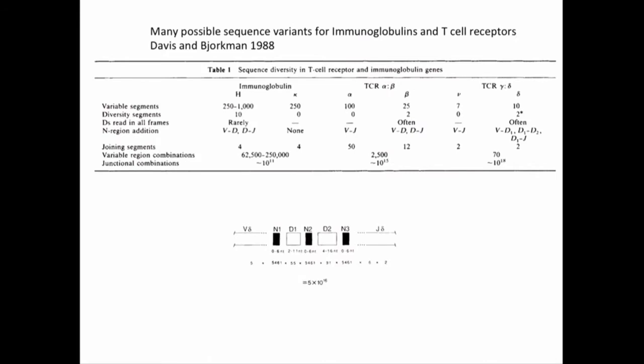And some of the numbers are pretty amazing. When you put all these things together, both T cells and B cells, you get a very large number, billions and trillions of possible combinations, just because of the way it's put together. And this all happens at the DNA level, and once it happens, it's irreversible.